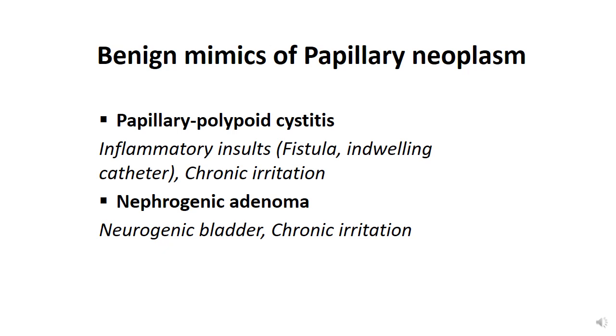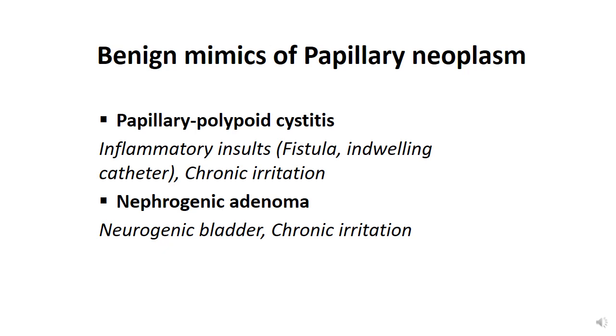So what are the common mimics of papillary neoplasm? There are two very important ones to keep in mind: papillary polypoid cystitis, which typically results due to various inflammatory insults such as fistula, indwelling catheter, any chronic irritative processes. And then the second one is nephrogenic adenoma, also referred to as nephrogenic metaplasia.